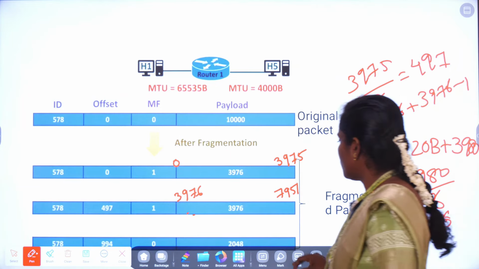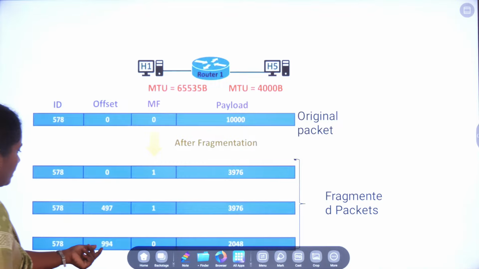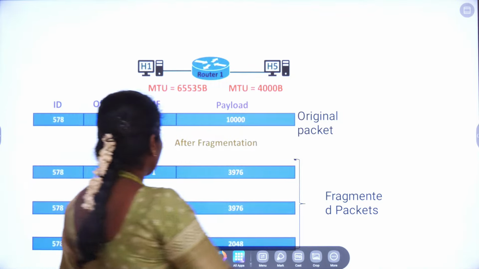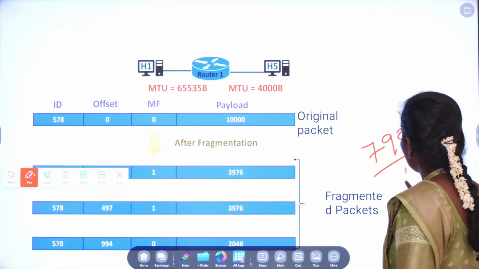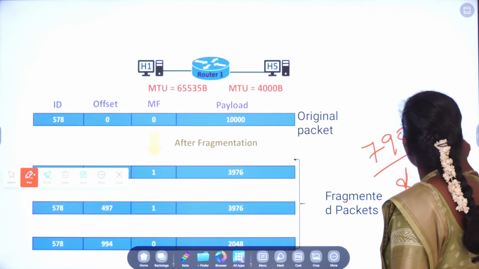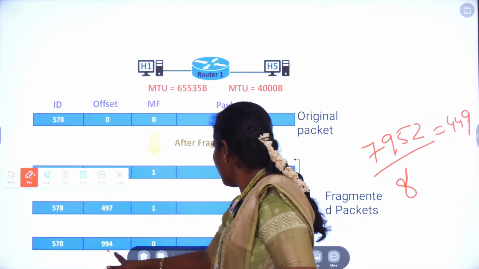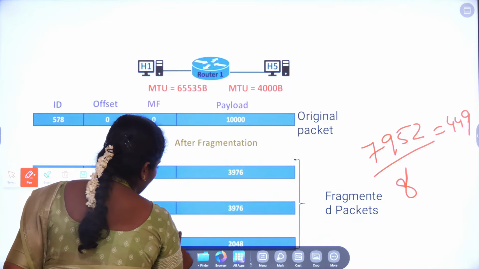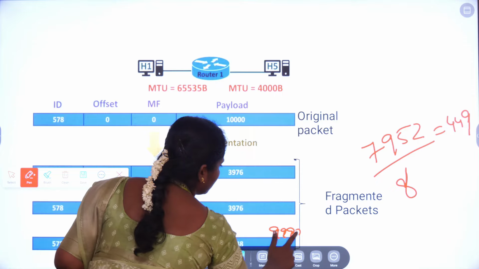The remaining data also I have to transmit. For this, the ID is 578 and the offset is 994. How is this 994? Similarly, 7952 divided by 8 gives 994. That is the offset of 994. At last we will transmit from 7952 to 9999.